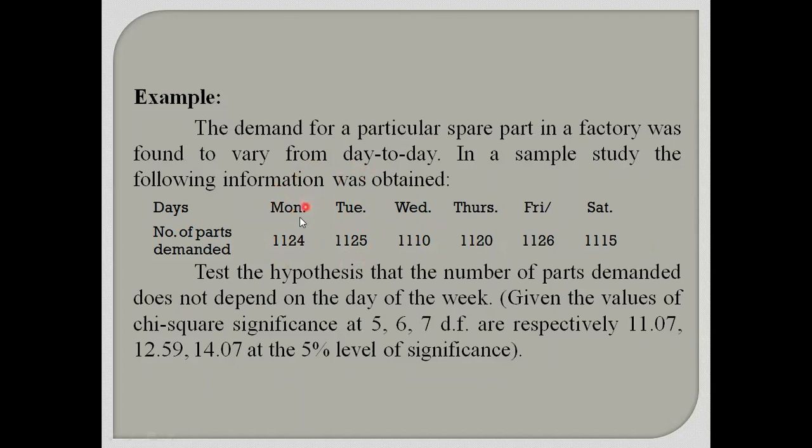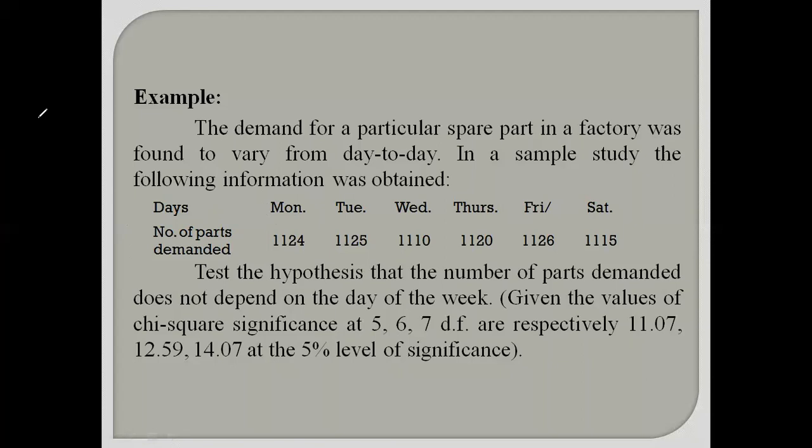One Monday it can be 1124, another Monday it can change to 1375, or another Monday it can be 976. Like that it can change. They are telling this to us.